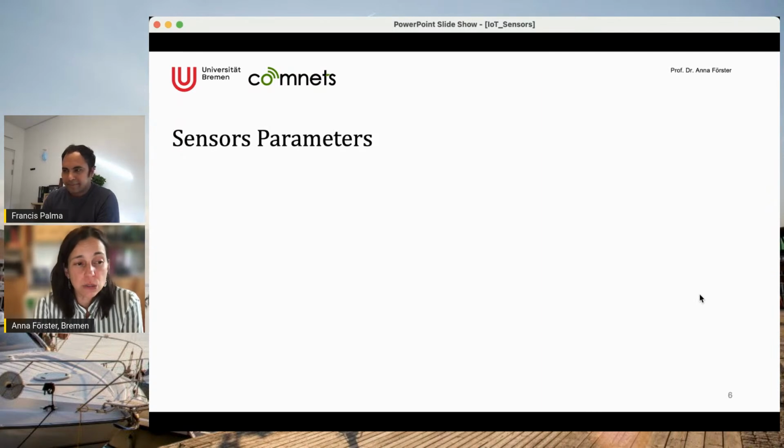Everybody knows that an IoT device is a very small and simple device, right? We have various components which are connected to the microcontroller, and the microcontroller is kind of the brain of the whole system. But it's relatively simple. It has these pins.